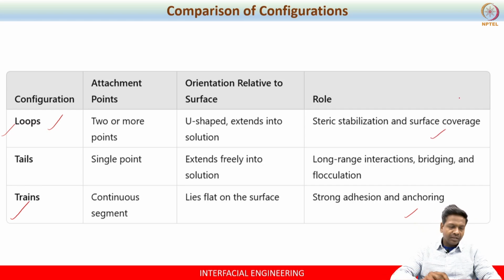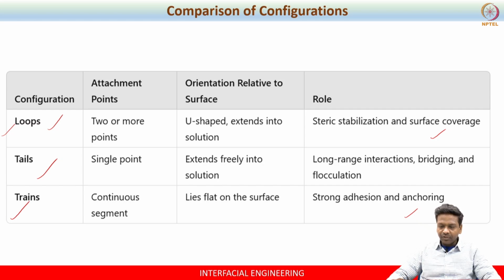But in the case of tails, in contrast to loops and trains, the polymer anchors onto the surface at a single point but extends freely into the solution, which means the rest of the segments protrude outward from the surface into the bulk solution.